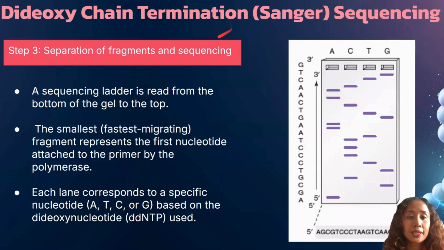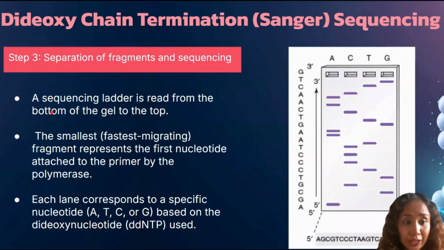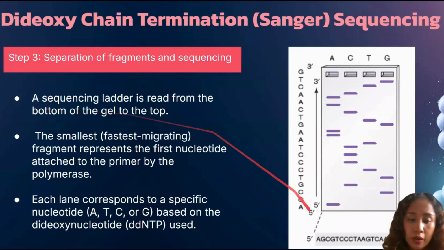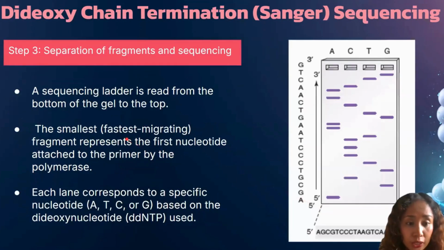Now is step 3, separation of fragments and sequencing. A sequencing ladder is read from the bottom of the gel to the top. The smallest, fastest migrating fragment represents the first nucleotide attached to the primer by the polymerase.